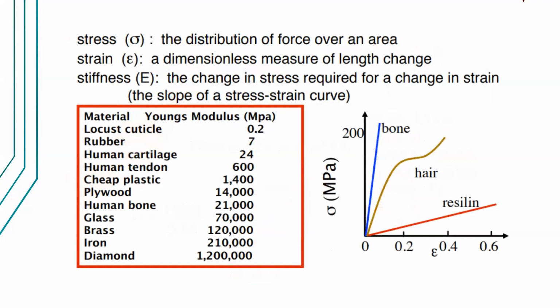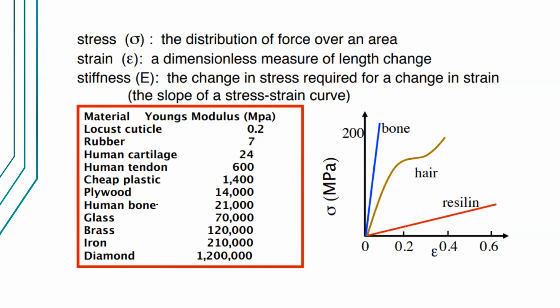So stress is the distribution of force over an area, while strain is a dimensionless measure of length change. If you take the ratio of stress and strain, you get stiffness, or Young's modulus. It's the change in stress required for a change in strain, and it's the slope of a stress-strain curve. I'm showing you here typical materials and their corresponding Young's modulus.